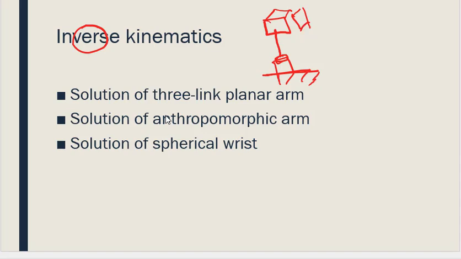Generally in forward kinematics we calculate from the initial point to an end effector point, but in inverse kinematics we have to calculate from end effector to joint, how much will be the joint, how much will be the link length, and how much will be the rotation. That means inversely, or in reverse, we have to calculate.